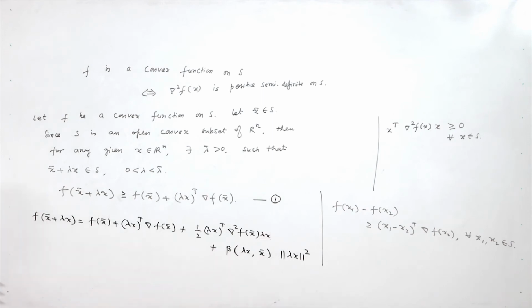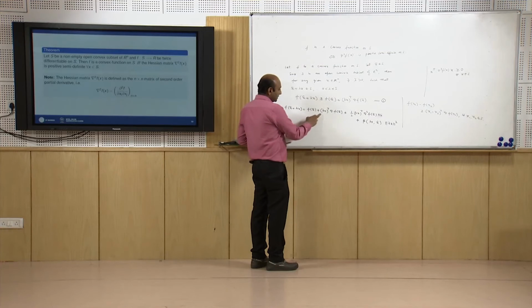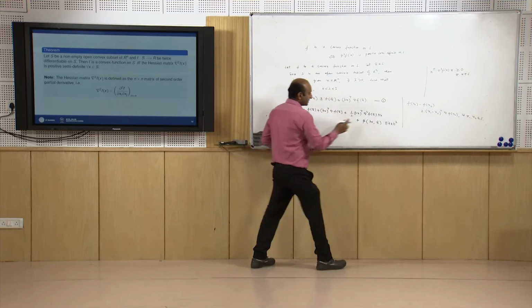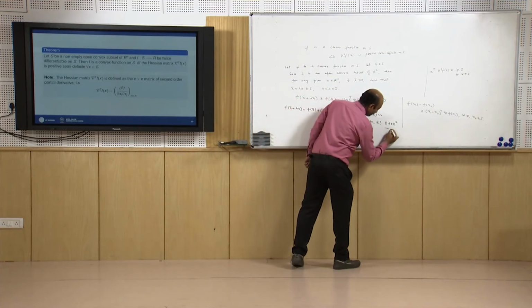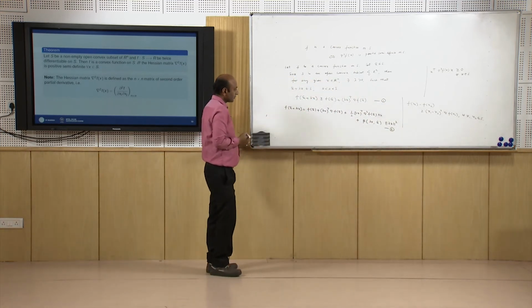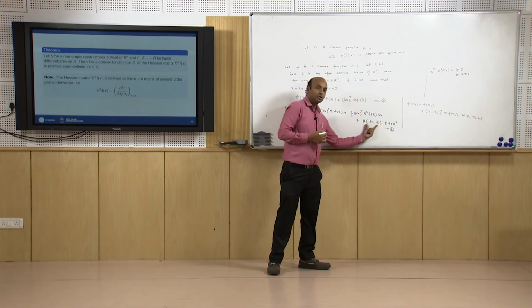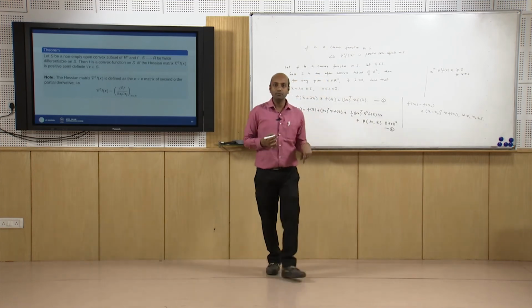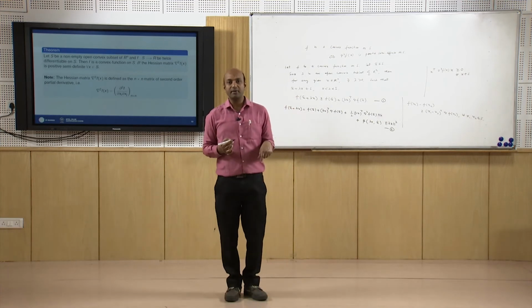Now, when you apply condition 1 on expression 2, what do we obtain? Here beta tends to 0 as lambda tends to 0, by the definition of twice differentiability of f at x bar.